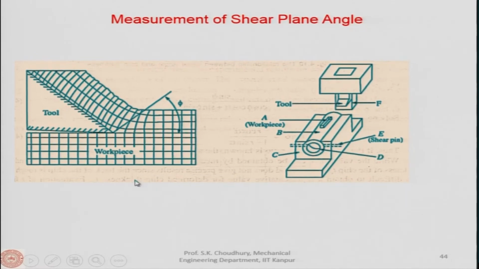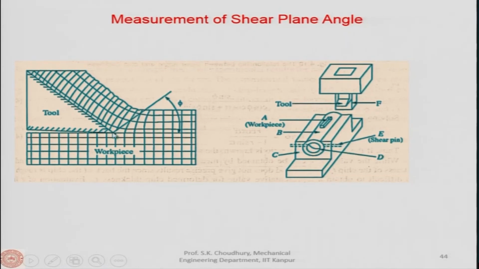Whenever it started deforming, these other lines are not deformed, because plastic deformation is not taking place here. But at this point, that is along the shear plane, it will be deformed, and you will clearly see along which points the graduation lines started deforming.